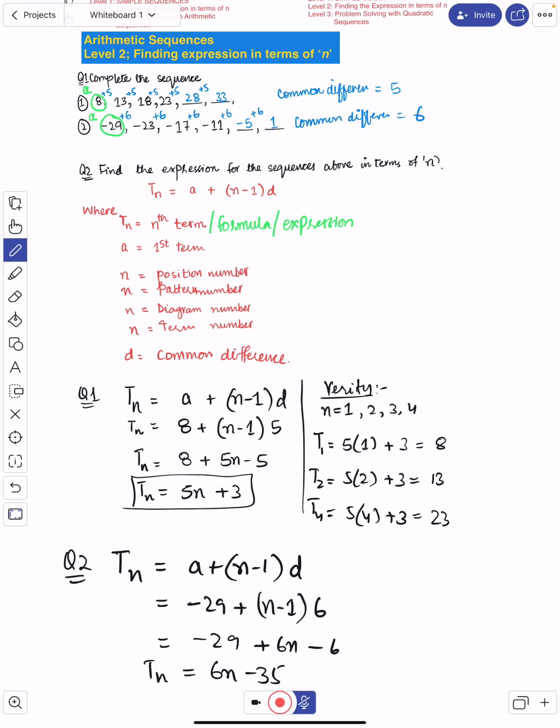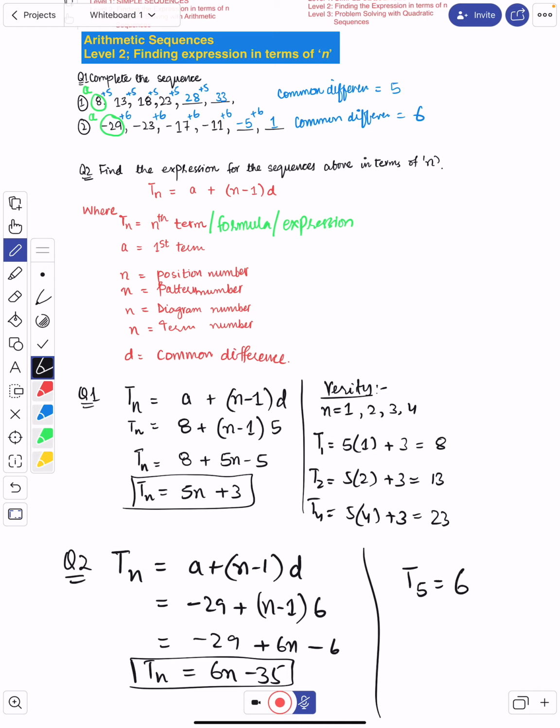And you can just take one verification here of term number 5. I am taking term number 5 in here. 1, 2, 3, 4, and fifth term is minus 5. So let's see, are we getting minus 5 here as fifth term? That is 30 minus 35, and hence your verification is done.